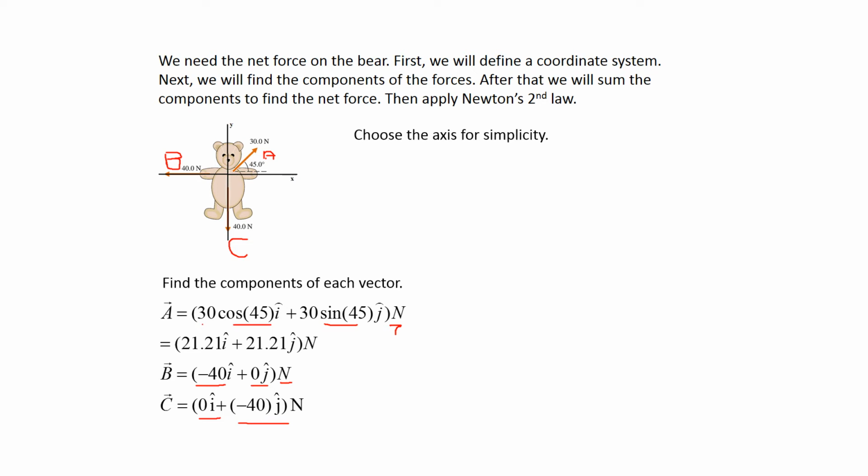At this point, we need to add the individual components together. And when we do that, we get negative 18.79 in the i direction and negative 18.79 in the j direction. So the net force is going to be down and to the left in this picture.